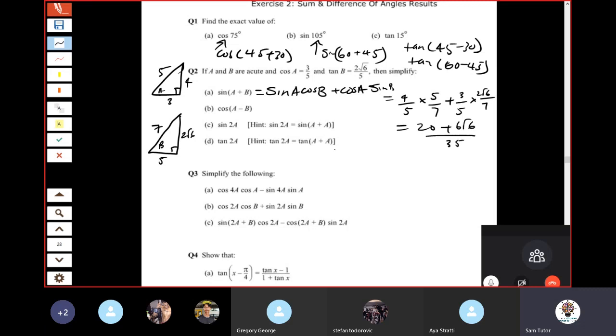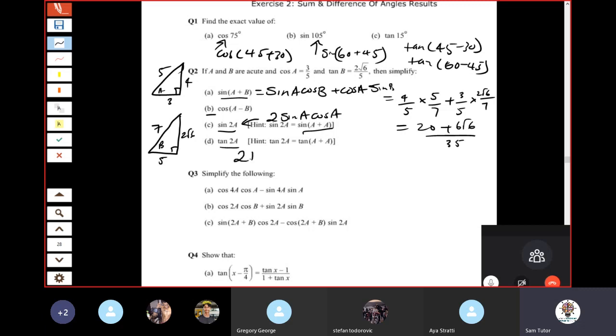Any questions for that one? No. That made sense to everybody? Great. Then I know you can do B now, because again, you're just going to expand it. You've already got your triangle. I know you can do C, because sine 2A is just 2 sine A cos A, and if you haven't memorized that, but you have memorized your expansion of sine A plus B, you could just do sine A plus A and then expand, and then obviously you'll prove 2 sine A cos A. Same thing with tan 2A.